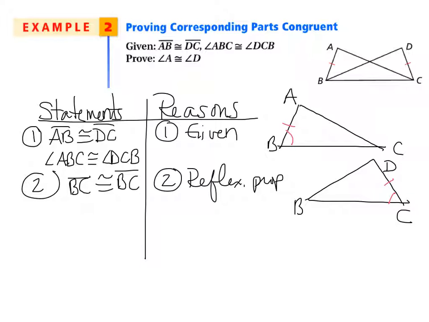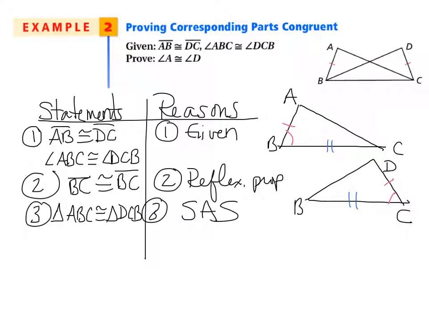So now we have all of our pieces that we need to prove two triangles congruent. So we can say triangle ABC is congruent to triangle DCB. And the reason for that would be side, angle, side.